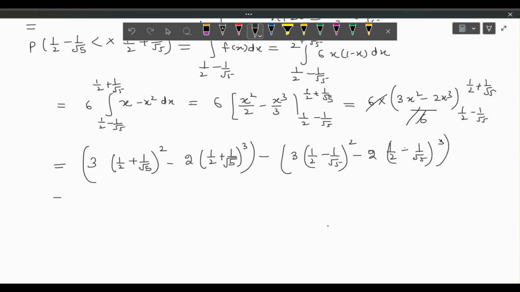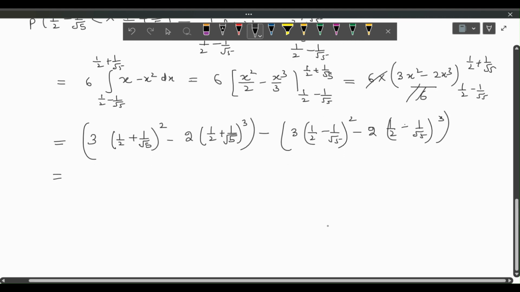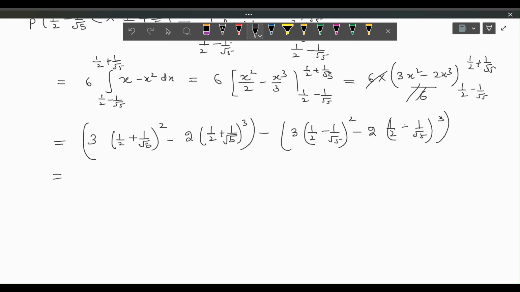Okay, now we have to solve this integral. I am collecting the terms with the square and the terms with the cube separately. This term has a square, this term has a square.